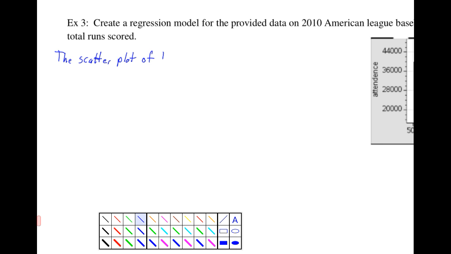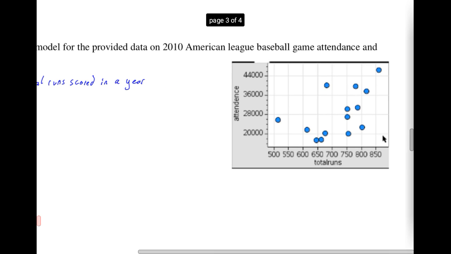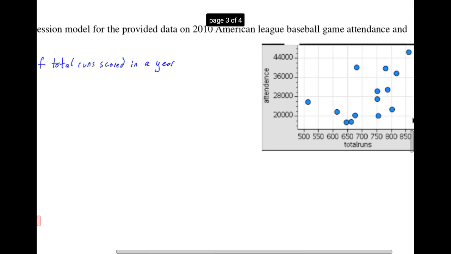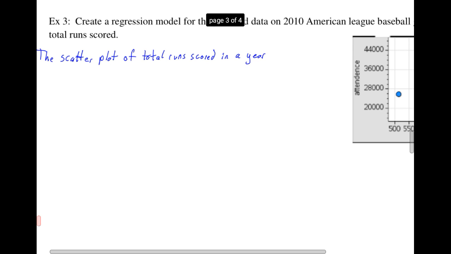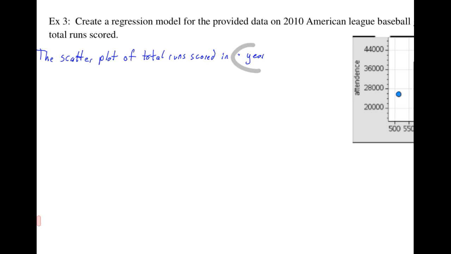So the scatter plot of total runs scored in a year. We don't know this is a year specifically from the instructions, so we'll leave that out.